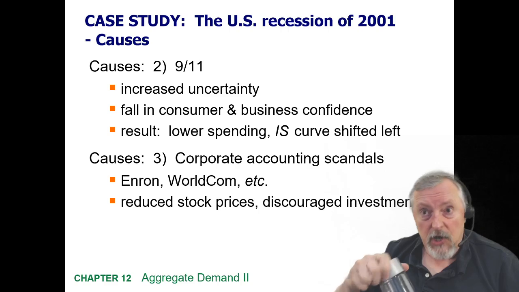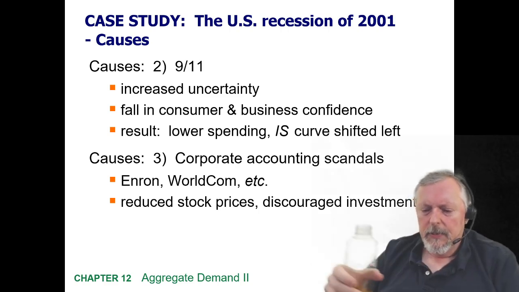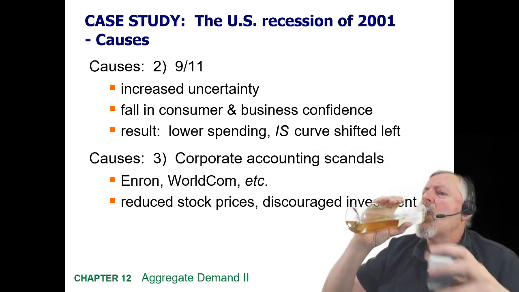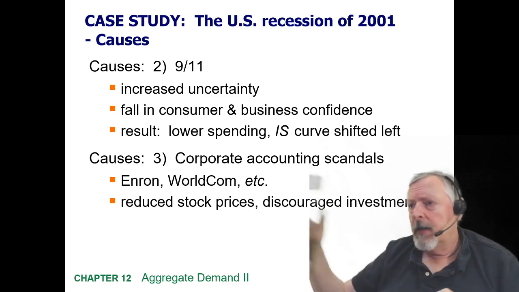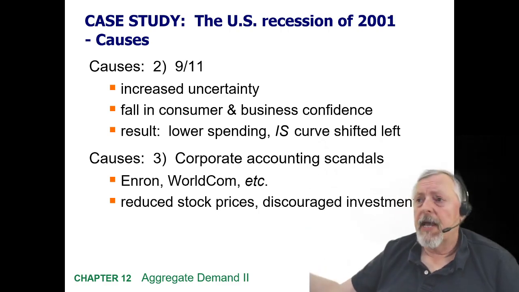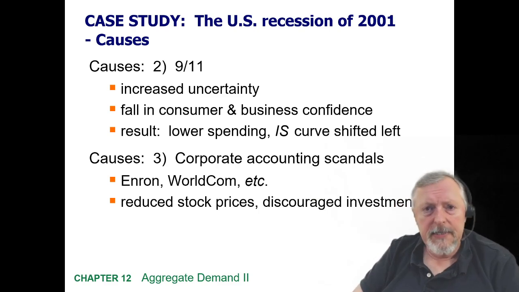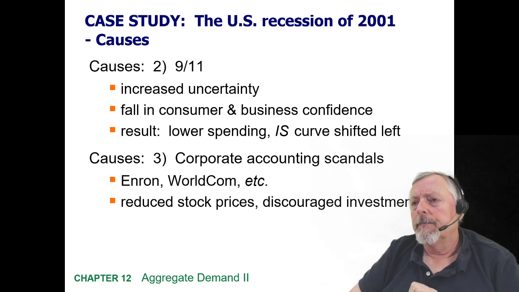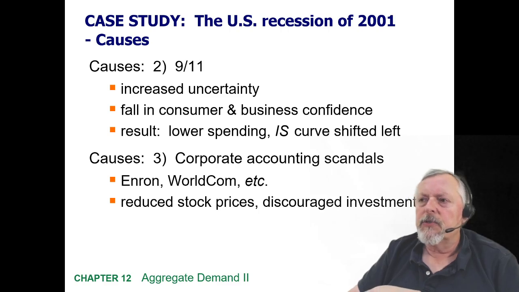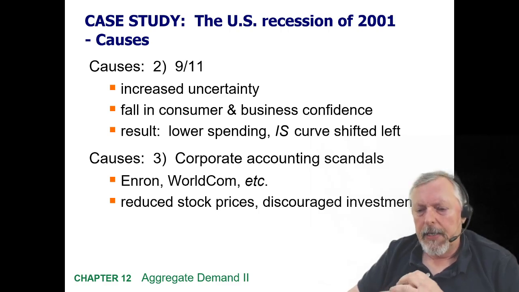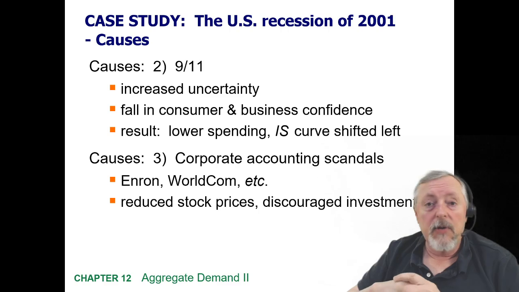Now, the second shock that contributed to the recession of 2001 was September 11th, the terrorist attacks on New York and D.C. This also caused the stock market to crash. This was the largest one-week decline in stock prices since the Great Depression.